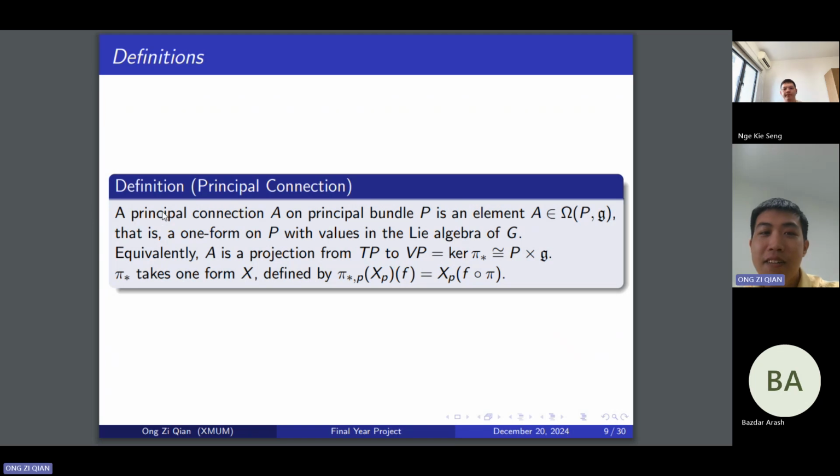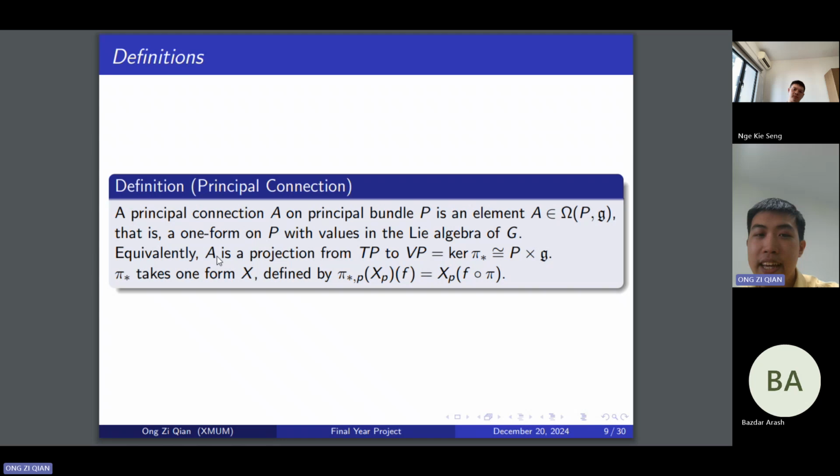Okay. After the principal G bundle, we come to the principal connection. A principal connection is a one form, a map that maps one forms on P to values in the Lie algebra.